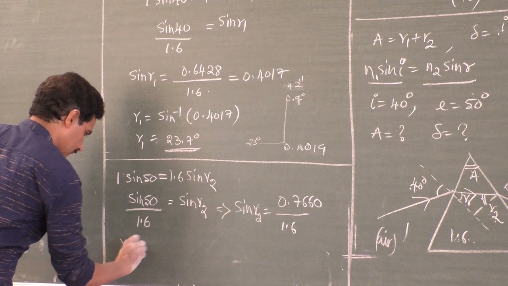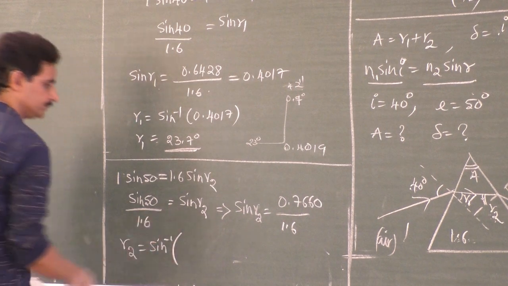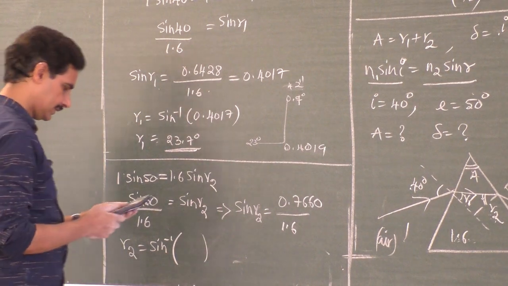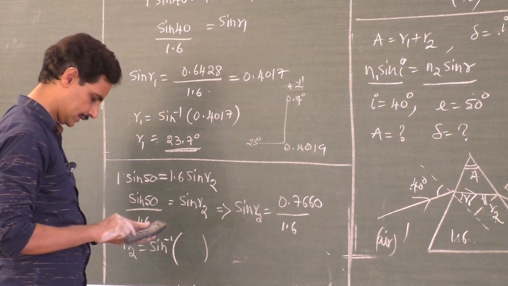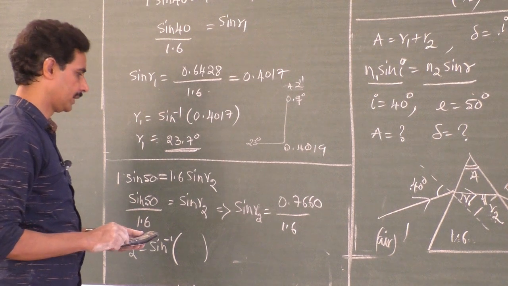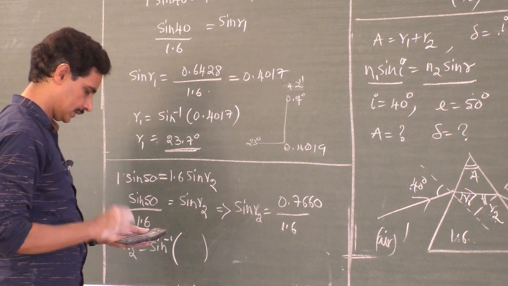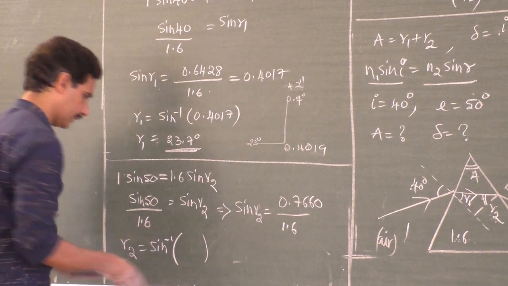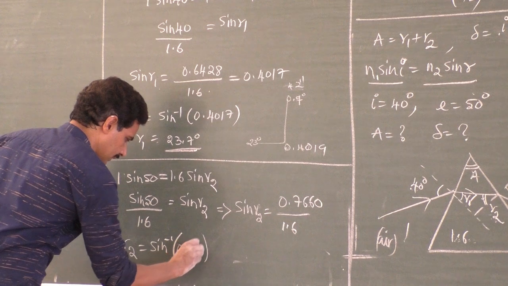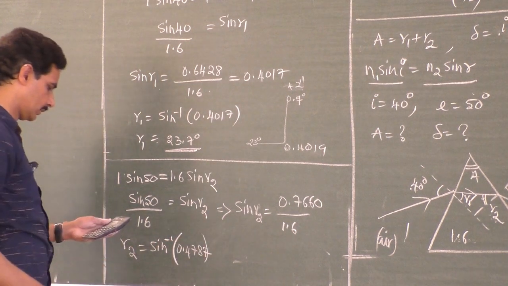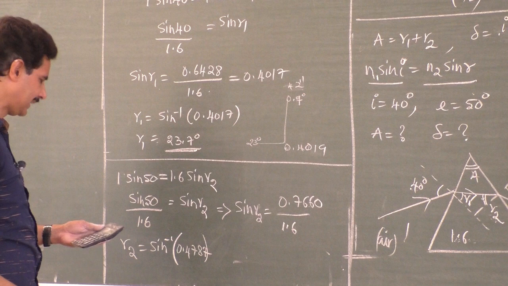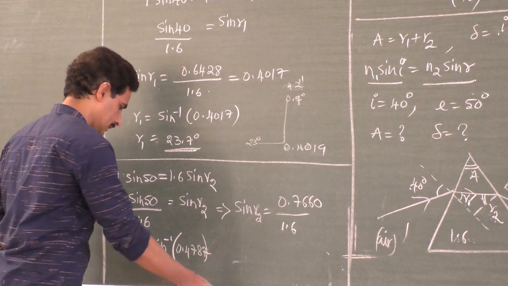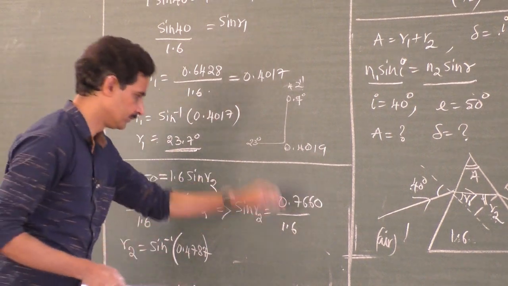So R2 is equal to sine inverse of 0.7660 divided by 1.6, which equals 0.4787. I'll write only that much because 4 digits are enough for me, or you can write 88, no problem. You won't get a much different answer. 0.4787 is the division for R2.